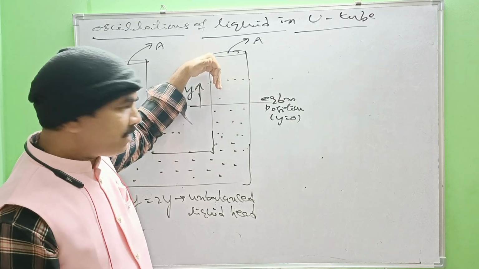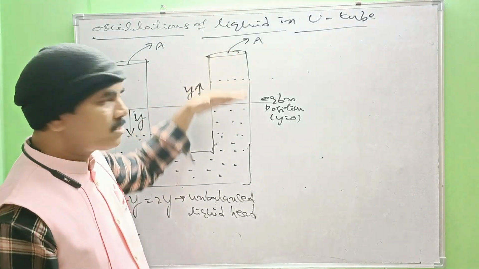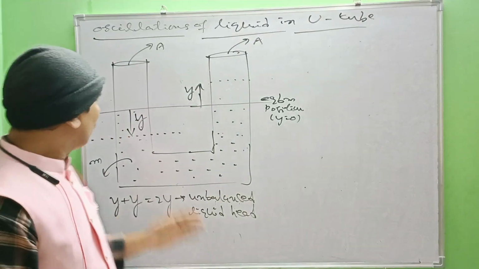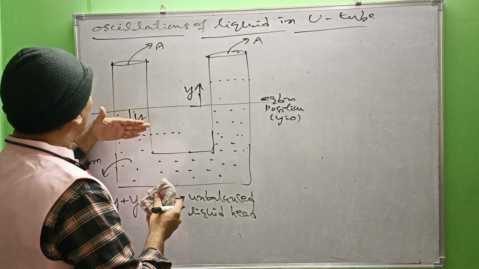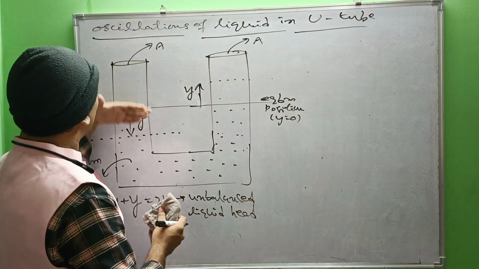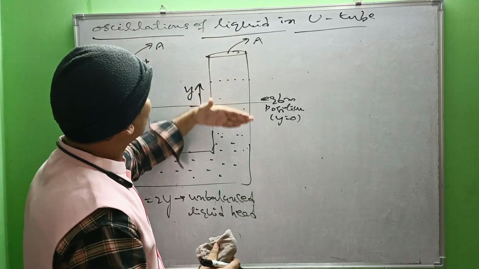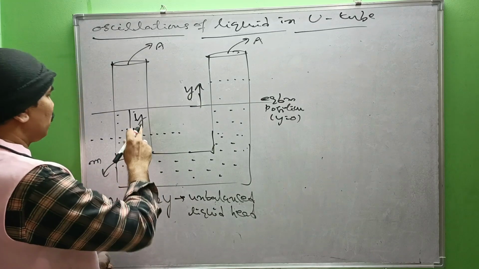Because of inertia it shoots into the other side, so the process continues for a while. So in either limb, the liquid gets into oscillations like that.